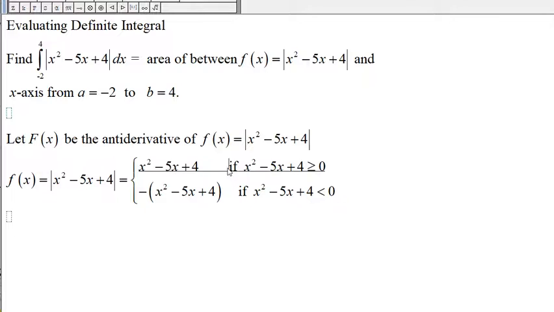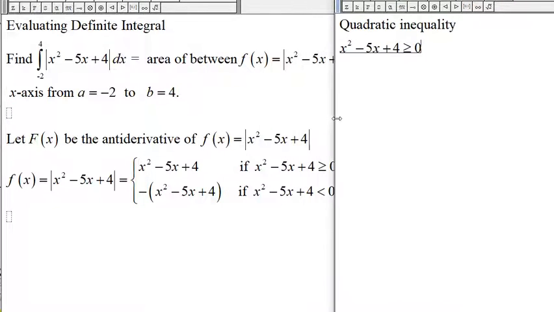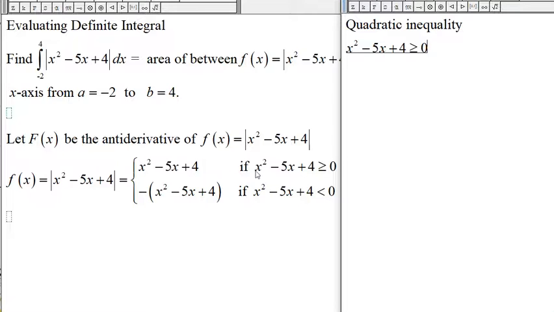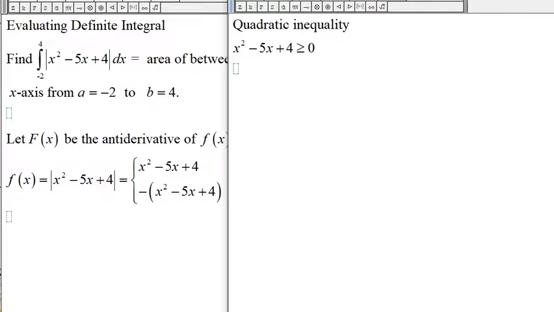And then what we need to do is solve this quadratic inequality right here, so we know exactly where x is, and then same thing here. We don't have to do both. We just do the first one, and then that will also give us the second one. To solve this quadratic inequality, first thing we'll do is factor if it's factorable. In this case, it's x minus 4 and x minus 1.